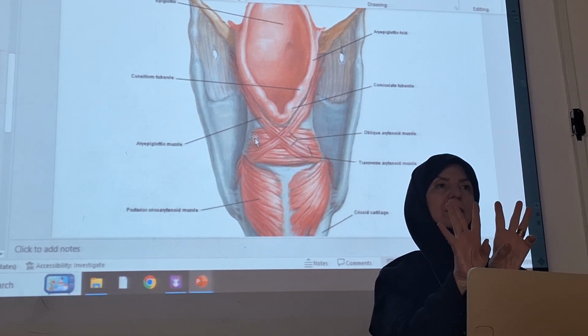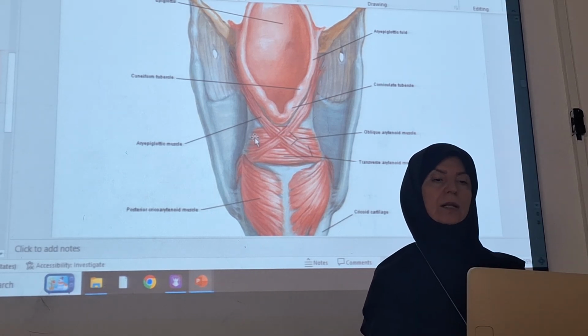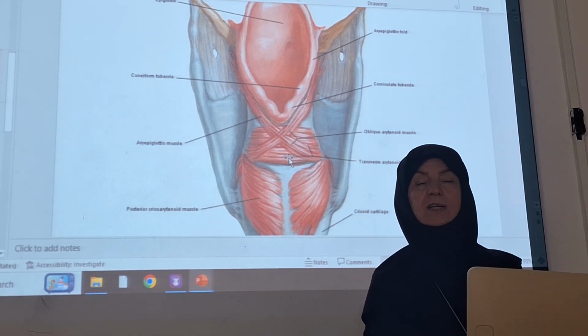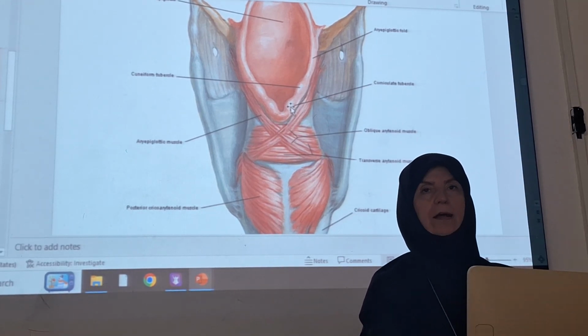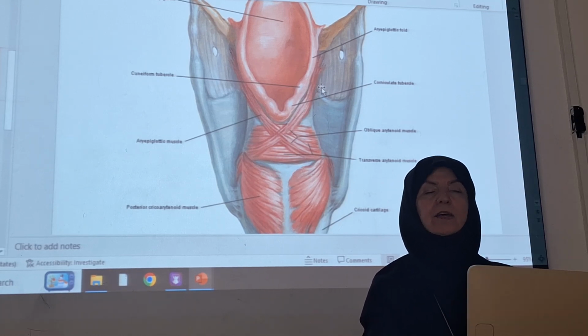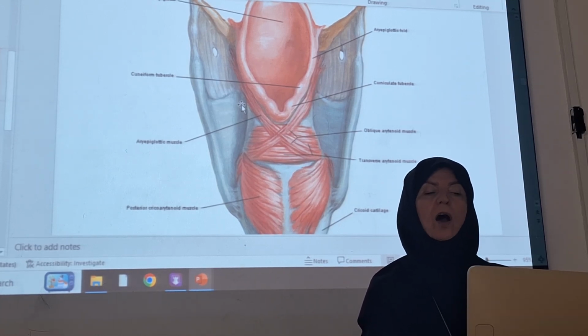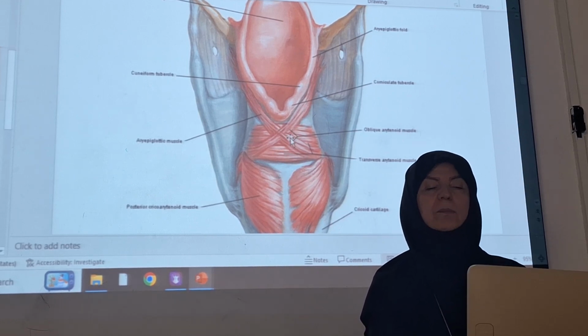What happened? Adduction. They are going to do the adduction. What's the innervation? Recurrent laryngeal nerve. Another muscle is visible here. We call it the oblique arytenoid muscle.